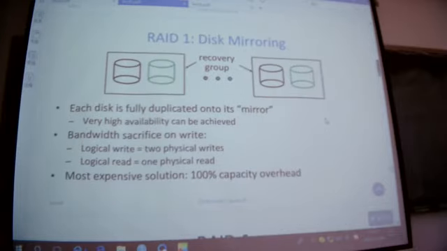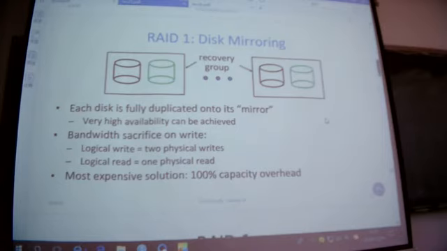Okay. RAID 1. RAID 1 is disk mirroring. What is a mirror? Mirror is copy. So in RAID 1 we have 2 sections, 2 duplications. Each disk is fully duplicated onto its mirror. Very high availability can be achieved.